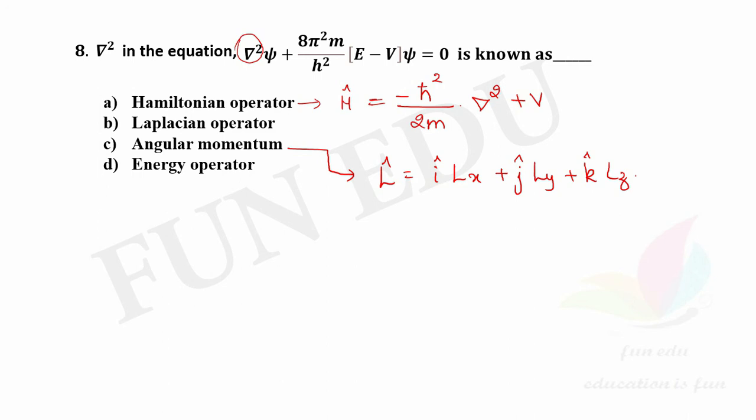And similarly, both the energy operator and the Hamiltonian are the same. The energy operator is E cap. Hamiltonian operator and energy operator, their equation is almost the same, that is minus h cross square by 2m into del square plus V. This is the Hamiltonian and energy operator, and this is your angular momentum operator.